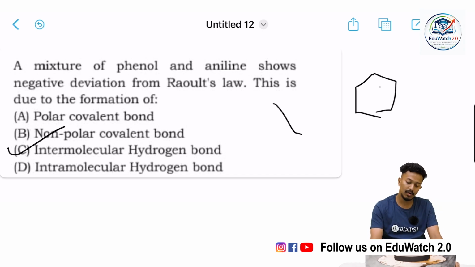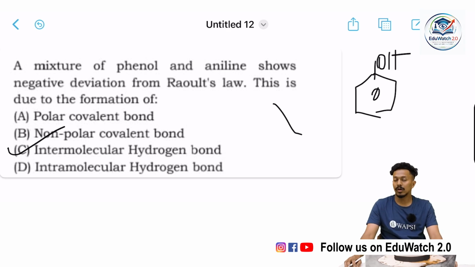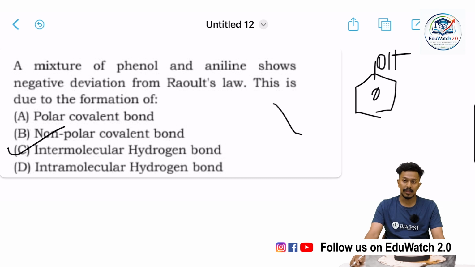Phenol molecules tend to form hydrogen bonds between the same molecules to get a much higher rate. So the AA interactions are much higher than the AB interactions, so it gives a negative deviation from Raoult's law. So the correct option for this question would be option number C, intermolecular hydrogen bonding.